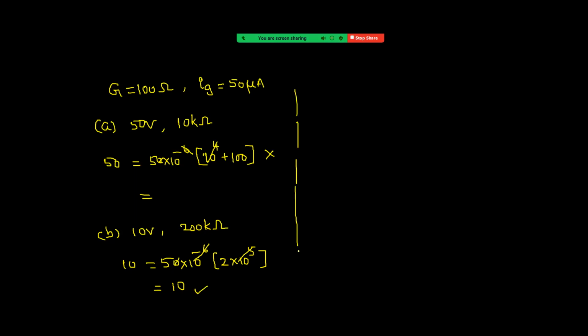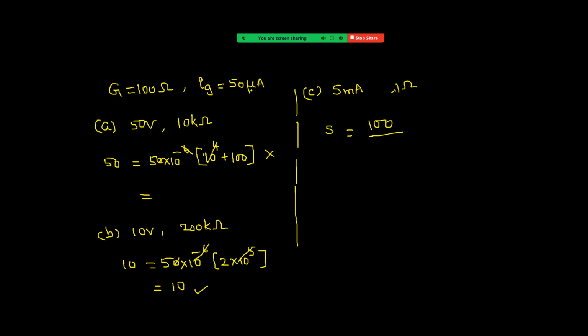Okay. Next, the remaining two are regarding the ammeter. He is expecting, in option C, 5 milliampere, and for that we have to connect 1 ohm resistance. Cross check once. S equal to G by N minus 1.